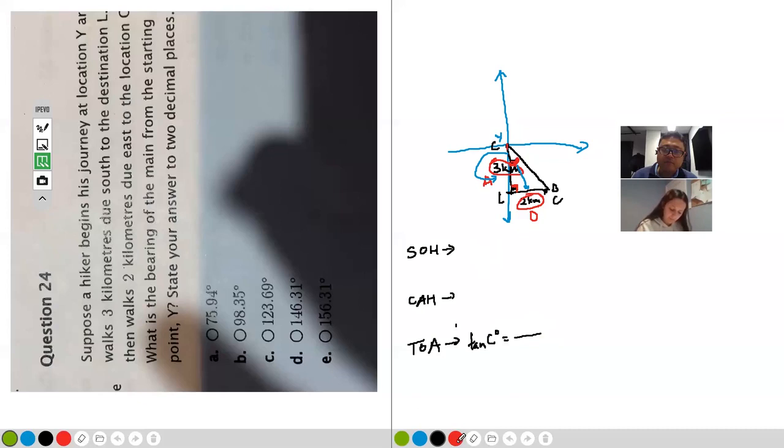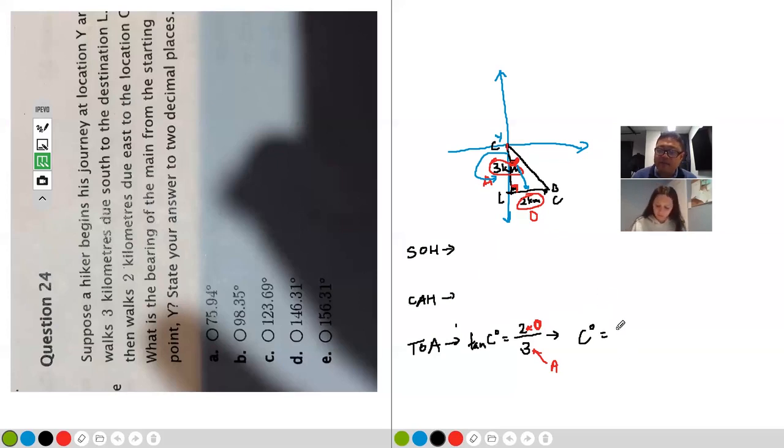2 over 3, which is opposite over adjacent. Got it? How would you find angle C from that? Shift tan. Yes, that's right.